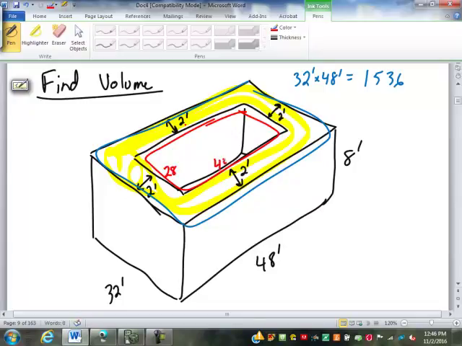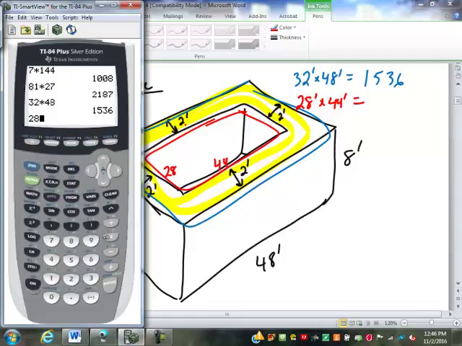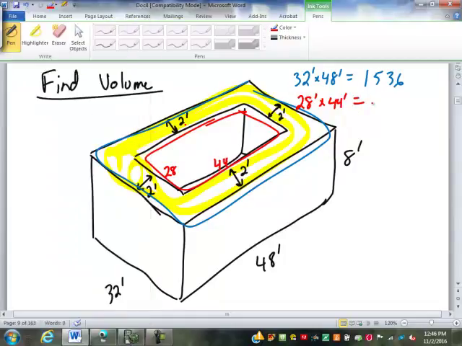Makes this 44. So that's 28 by 44, which is 1232. So 304 square feet is the area of that base, right?